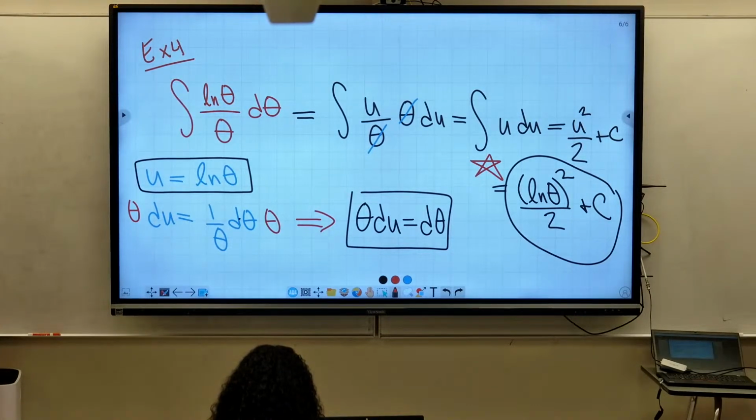So the integral of natural log of theta over theta is natural log of theta squared over 2 plus c. And if you wanted to, you could check your answer by taking the derivative. If I take the derivative of that expression on the right, I should get back to that original in the beginning.